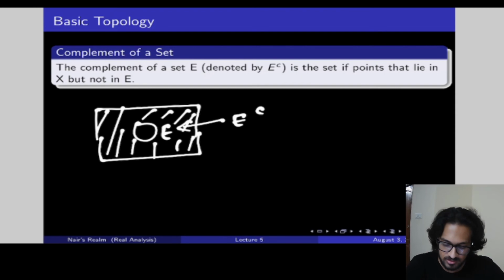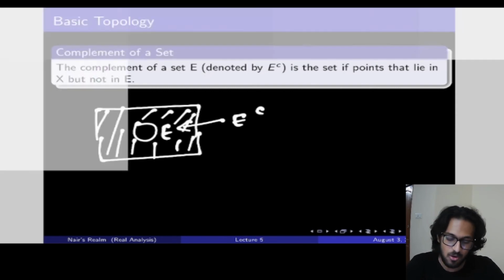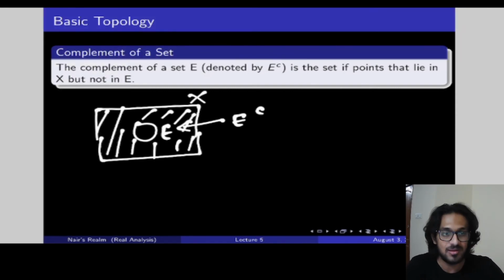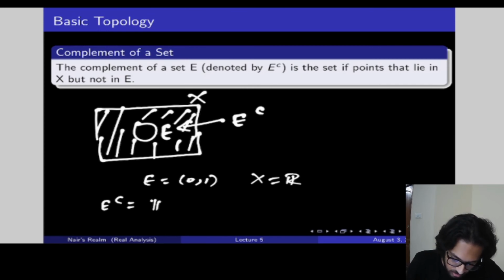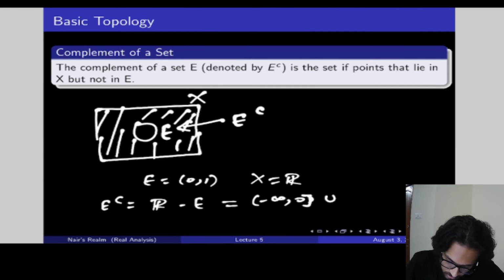Similar to that, E complement is basically all the points that lie in X but not in E. That's what the complement of a set is. Simple enough, right? So if I have the set E equal to (0, 1) and X equal to R, then E complement would simply be R minus E, which is equal to minus infinity to 0, 0 included, union 1 to infinity.